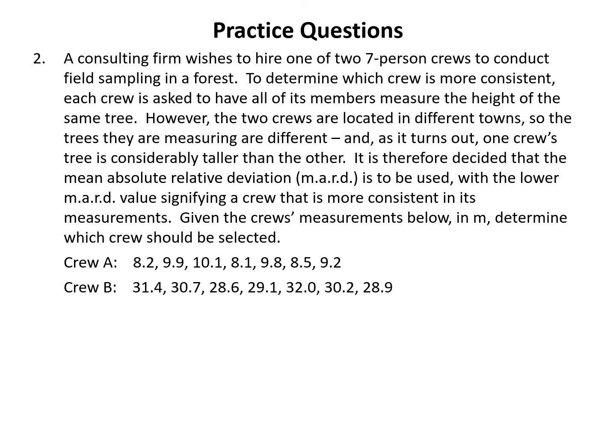It is therefore decided that the mean absolute relative deviation, the MARD, is to be used, with the lower MARD value signifying a crew that is more consistent in its measurements. Given the crew's measurements below, in meters, determine which crew should be selected.